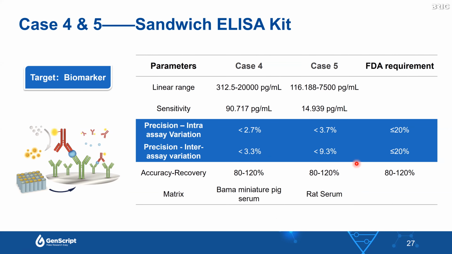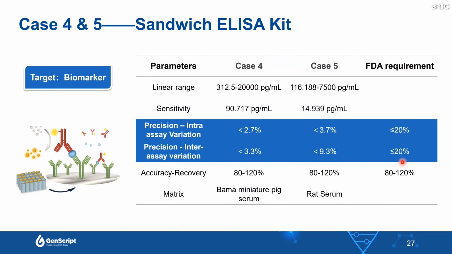Normally the intra- and inter-assay variation of our generated ELISA kits are less than 10%, which is better than the FDA requirement of less than 20%. This shows that our customized ELISA kit is produced with very high quality and technique.